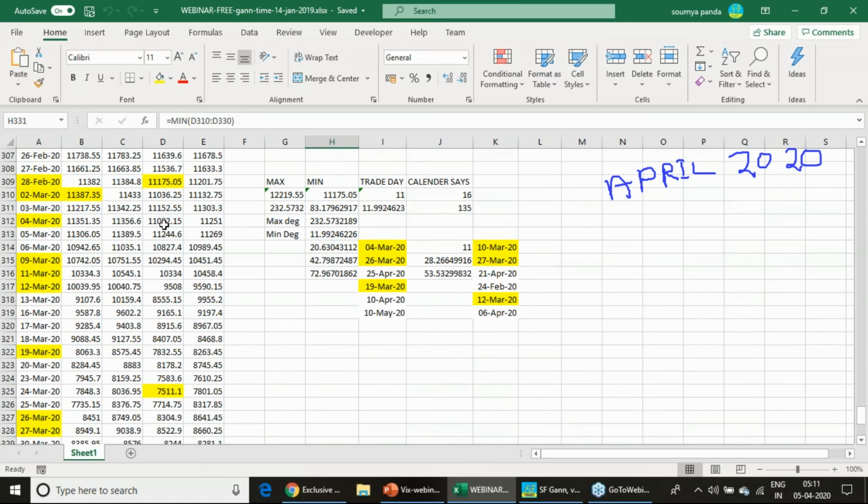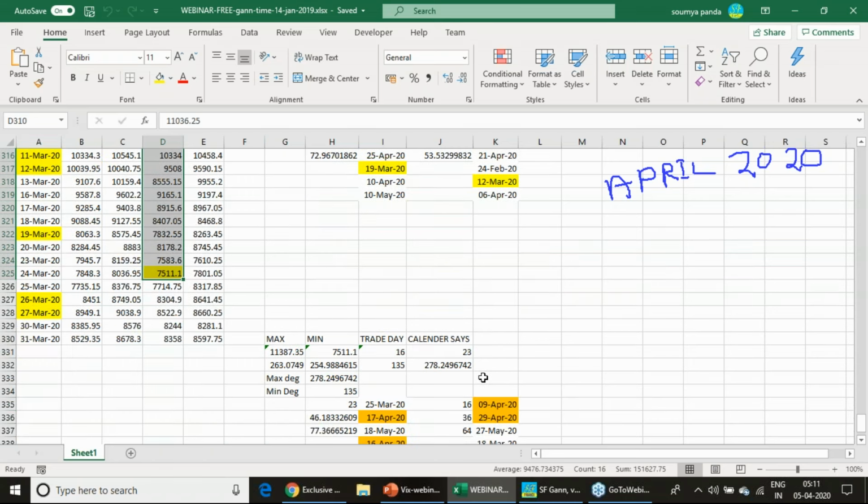The maximum was formed on 2nd March and the minimum was recorded on 24th March. Between them, if you can just see here, the count is 16 trading days.